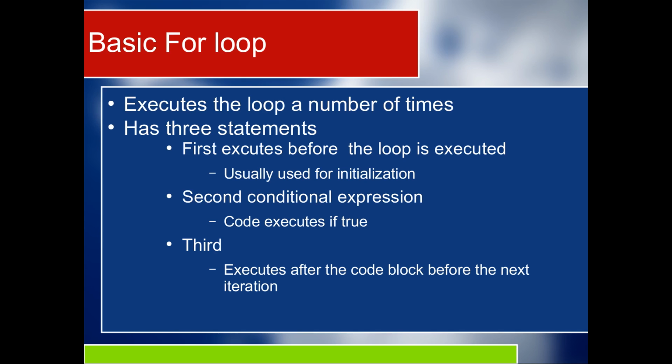The second one is a conditional expression. This is the condition the loop is going to check. The third one is kind of interesting. It's going to execute after each iteration, but before the conditional check.